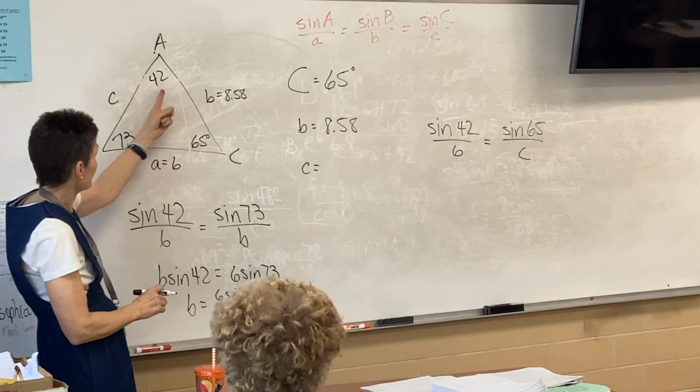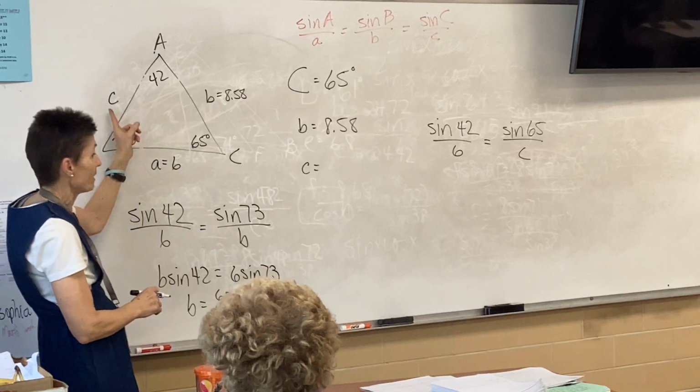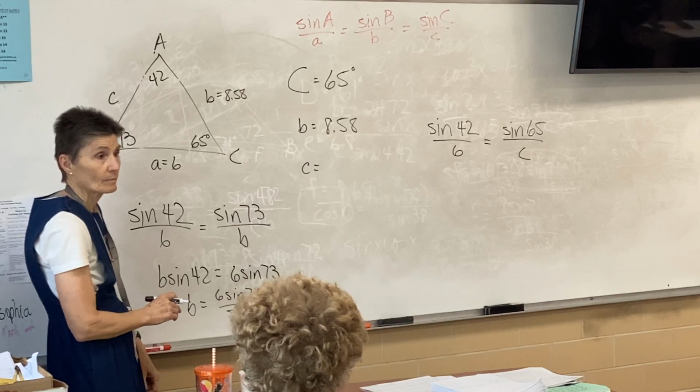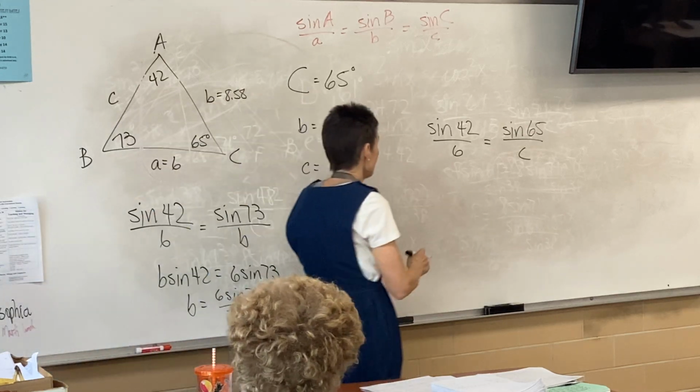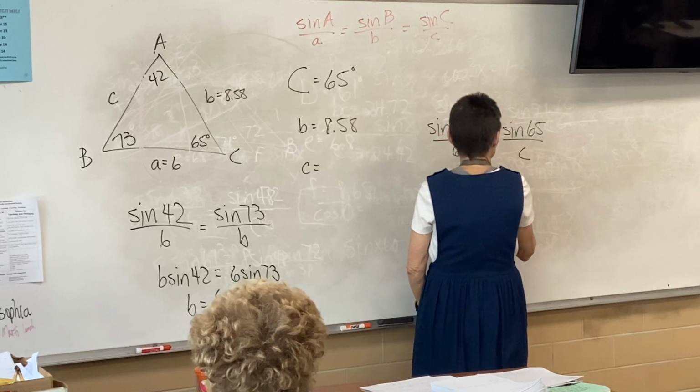So sine 42 over 6, and then in this case, sine 65 over C. Okay? Alrighty. Let's cross multiply, and Brennan, I want you to give us the answer this time.